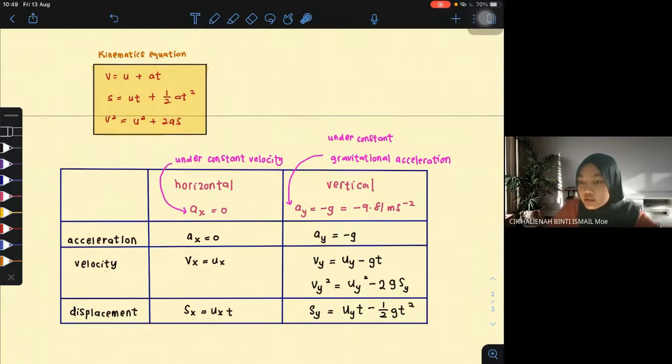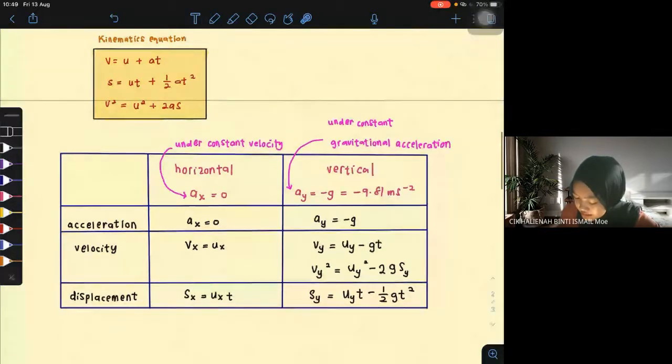Okay, kalau ada soalan terus tanya. So dekat sini, the original equation is this one, v is equal to u plus at. So apabila kita ubah, a ni kita akan ubah kepada negative g. That's why dekat sini kita akan letak negative.